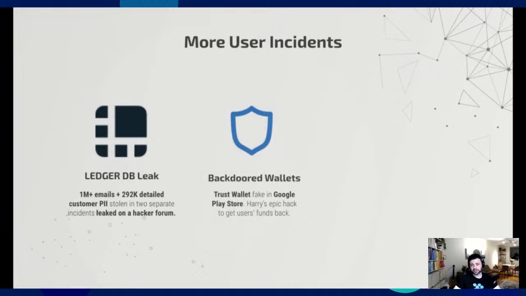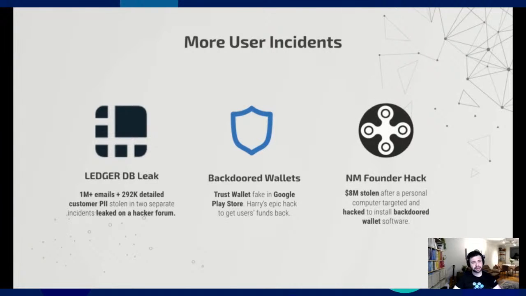Backdoored wallets: Trust Wallet and many other fakes keep showing up on the Google Play Store. I'll come back to this one with Harry's epic hack to get the funds back. And the really big one is the Nexus Mutual founder hack, where $8 million were stolen, where a founder was specifically targeted to steal his funds.